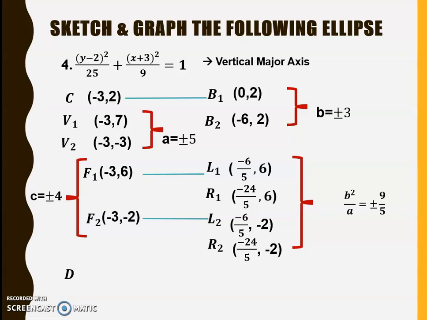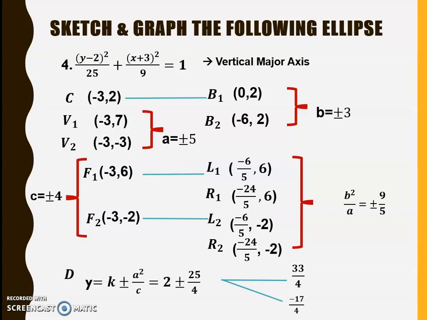How about the directrix? The directrix will be k plus or minus a squared over c, equal to 2 plus or minus 25 over 4. There will be two values: 33 over 4 and negative 17 over 4.